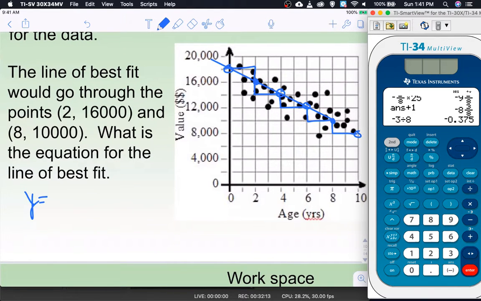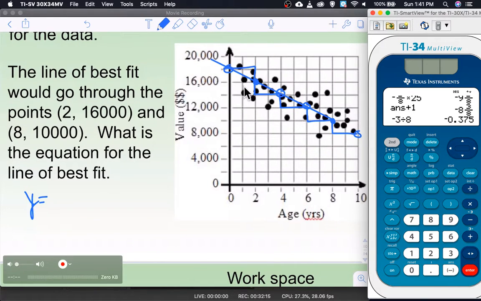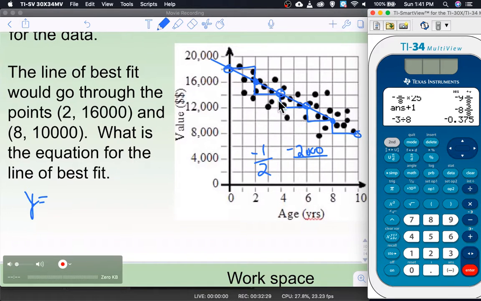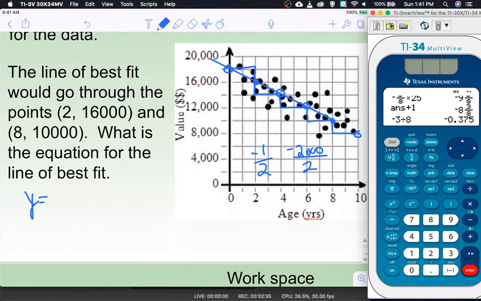Y equals my slope, not down 1 over 2, because that's not paying attention to your scale. My scale here, that y-axis, is counting by 2,000. So that's down 2,000. One box is 2,000 units. Down 2,000 over 2, simplifying down to -1,000.